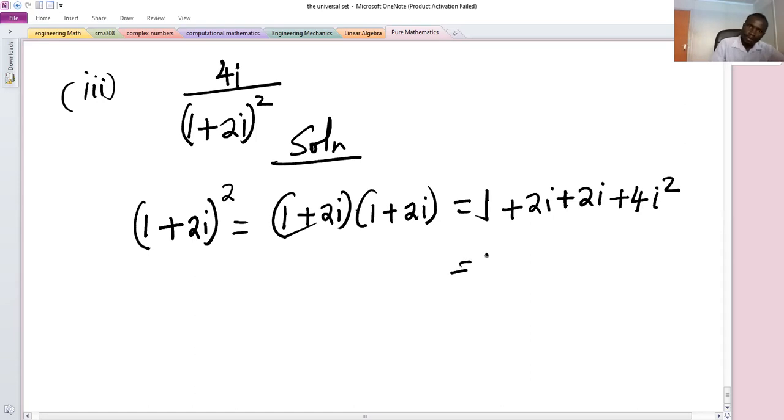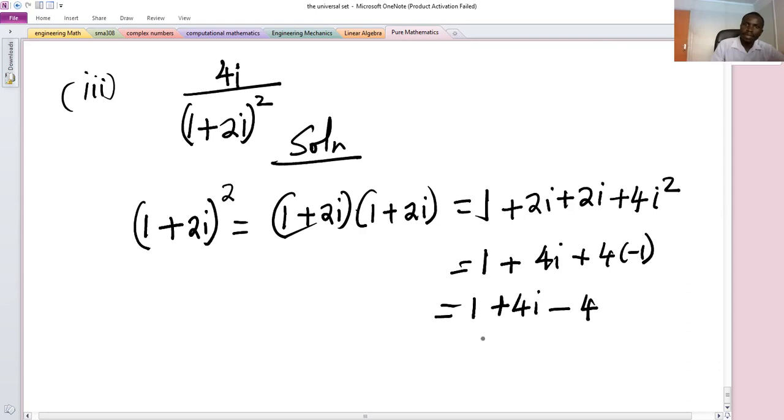So we'll have 1 plus 4i. Now, i squared is minus 1, so minus 1 times 4. So I have 4, then minus 1. So this will be 1 plus 4i minus 4. Collecting real parts, 1 minus 4 plus 4i.